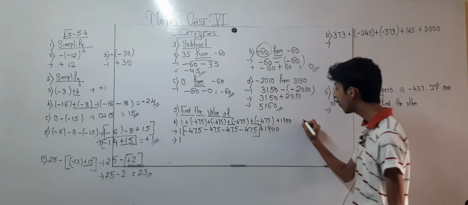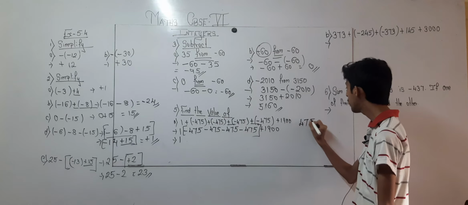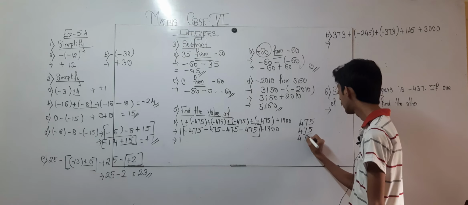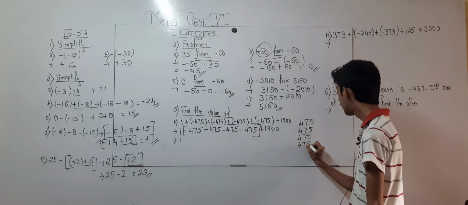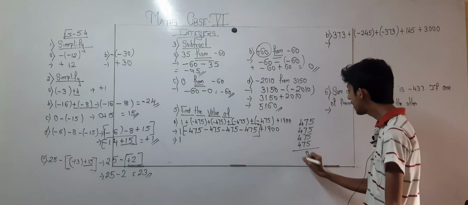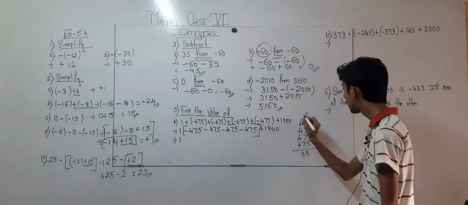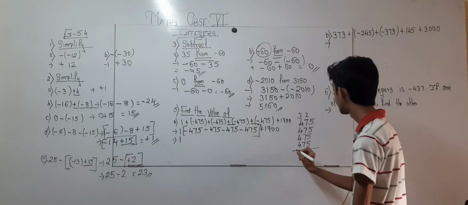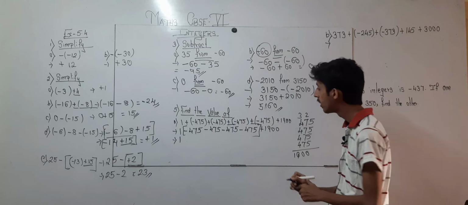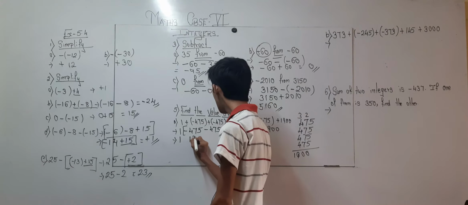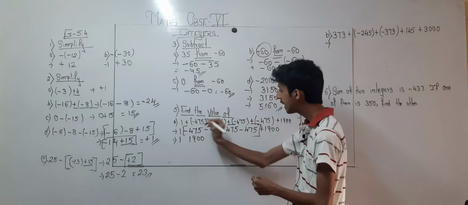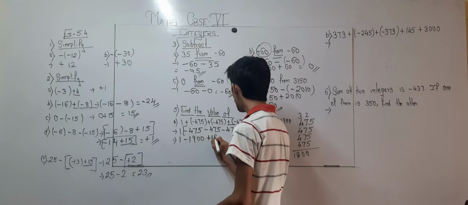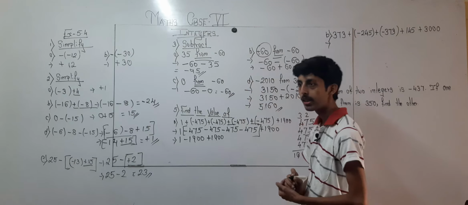Over here in the rough work I am showing you 475 and 475, 20, 30, 19. Okay. So over here it is 1900 and the sign will be minus, and again over here plus 1900.